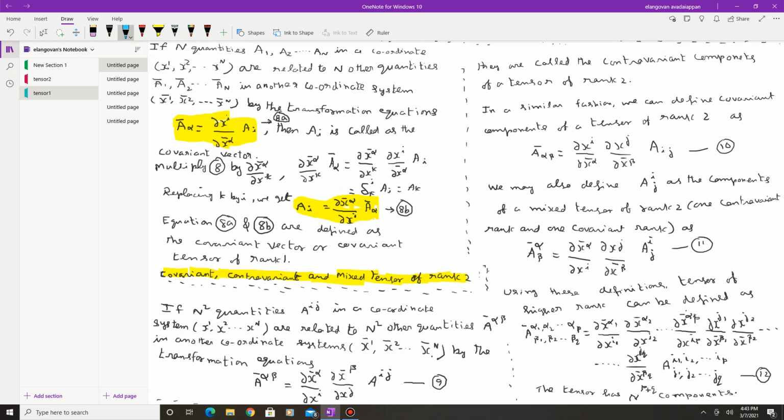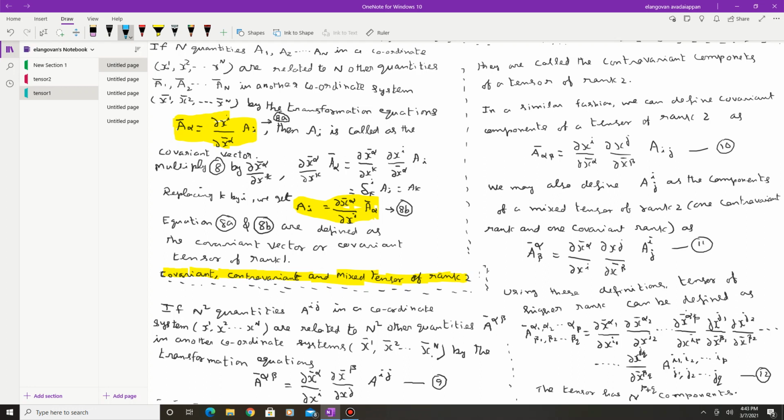Now let us consider n quantities, a1, a2, a3, up to an, in a coordinate system. The coordinate system is x1, x2, up to xn. So in this unbarred coordinate system, we consider some n quantities a1, a2, up to an.